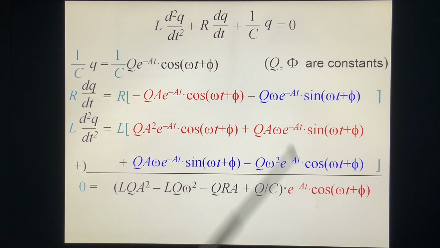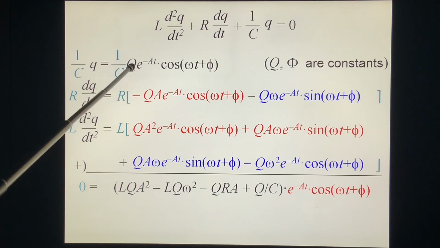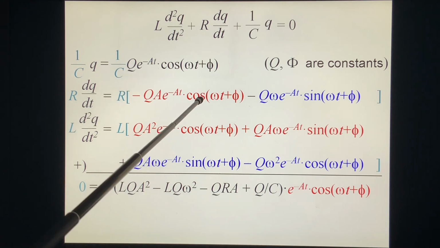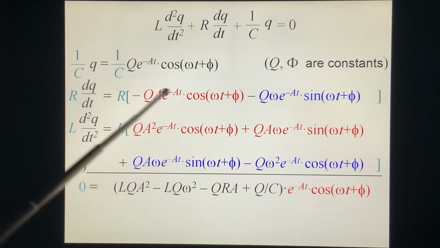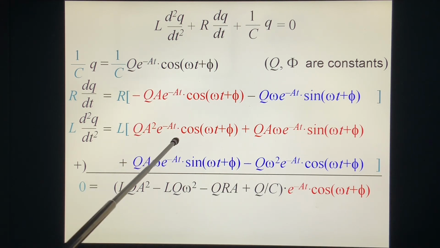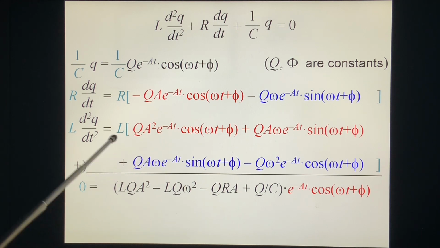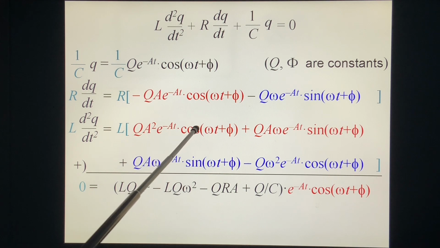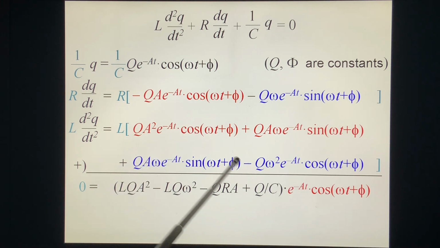For the e^(-At) cosine term, we have Q over C, and the cosine, we have minus R Q A, L Q A squared, and minus L Q omega squared.